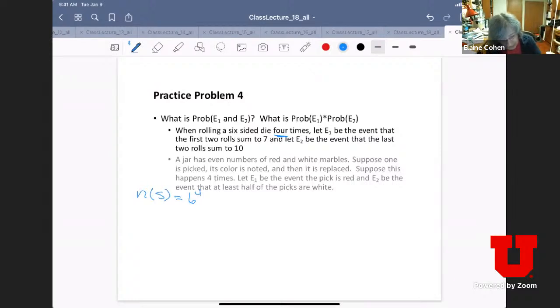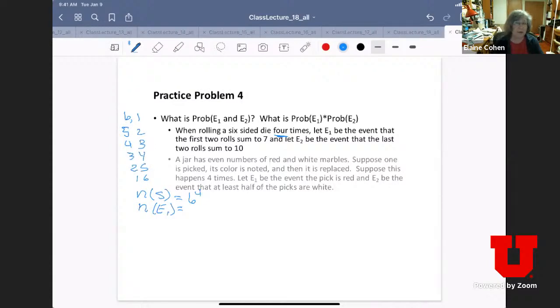E1 is the first 2 rolls sum to 7. So how many events are in E1? How many ways can we sum to 7? Well, we can do 6 and 1, 5 and 2, 4 and 3, 3 and 4, 2 and 5, and 1 and 6.